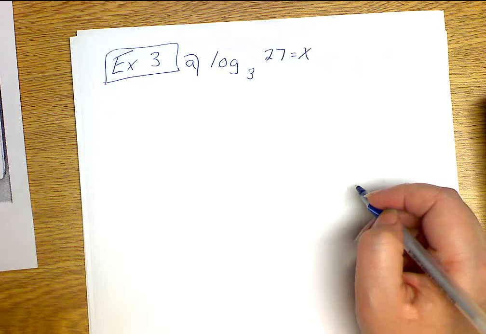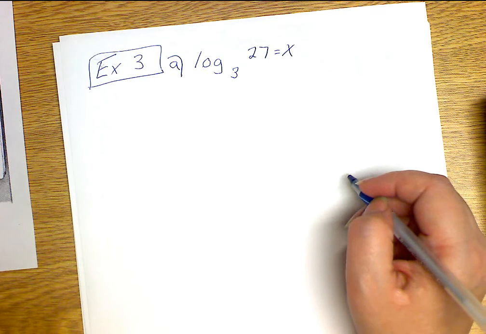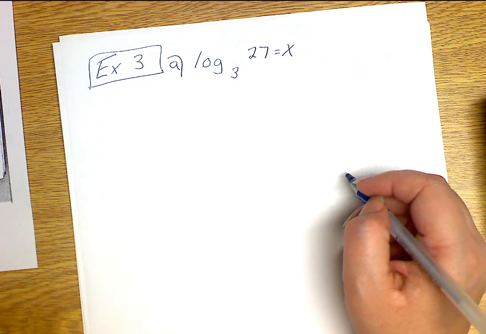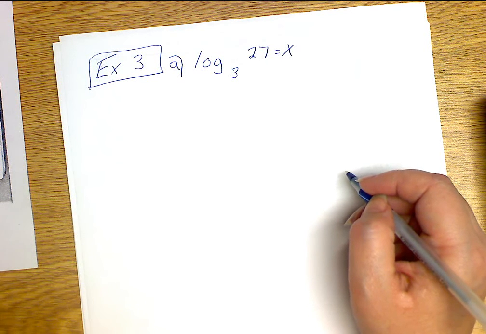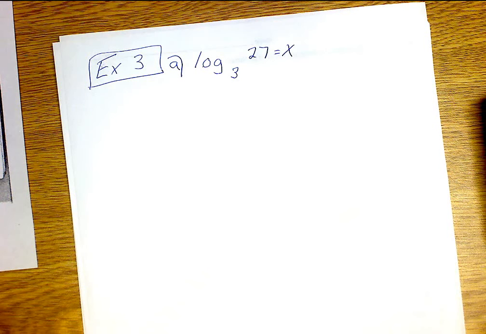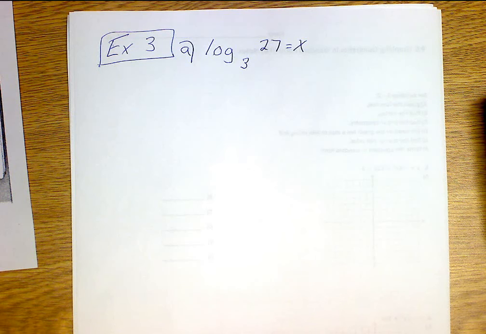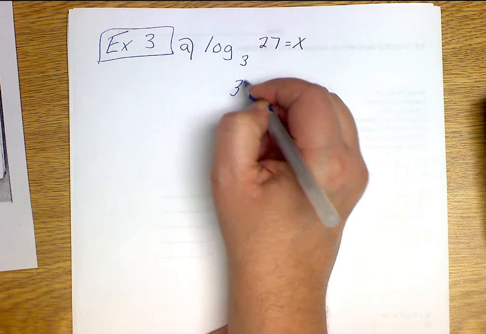I want you to quickly put this into your exponential form. All right, Caleb, tell me what it is. 3 to the x is equal to 27.